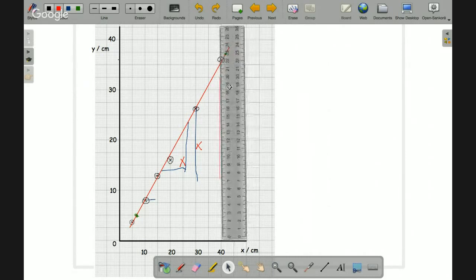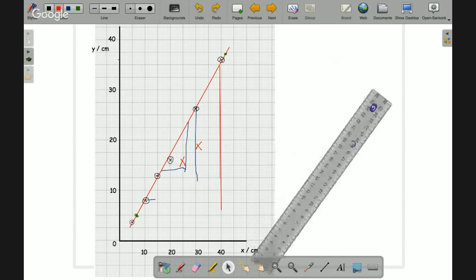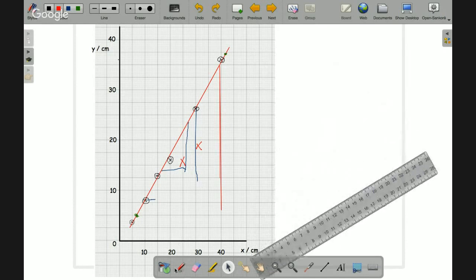Let me try the ruler. No, actually it isn't 100% straight. I'm going to stop somewhere here and then just flip it a bit. Let me do that again. Let me get this thing right. Let's try this again.